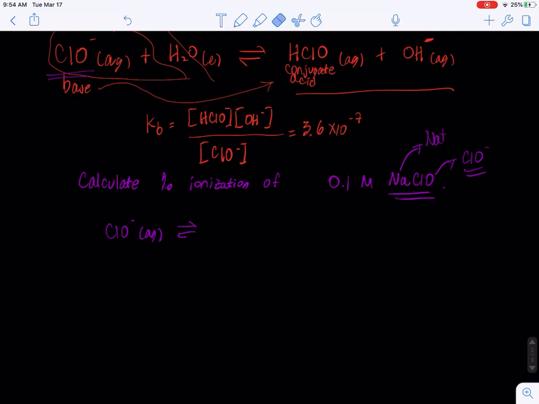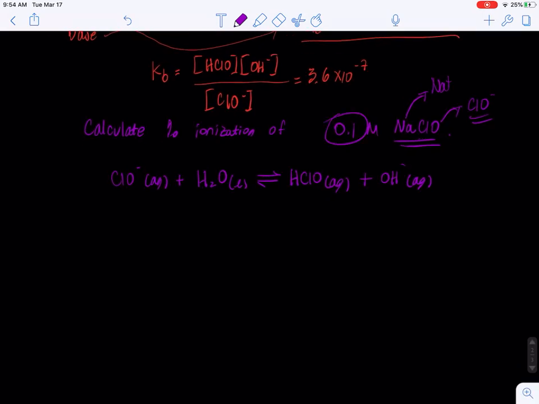Forgot the water here. Okay, write out your conjugate acid, your hydroxide, okay, and we want to use our concentration here as the initial value.